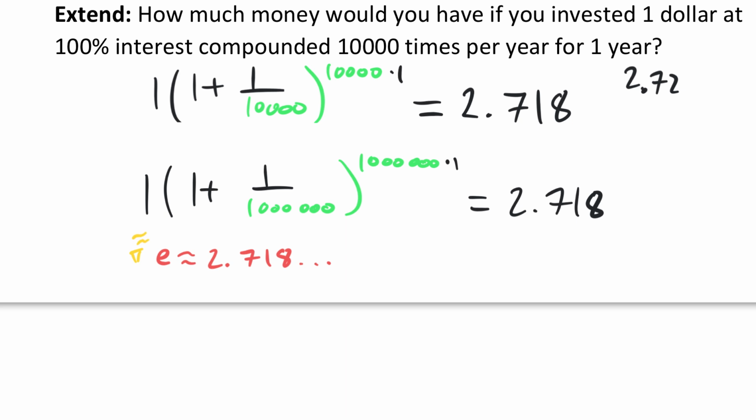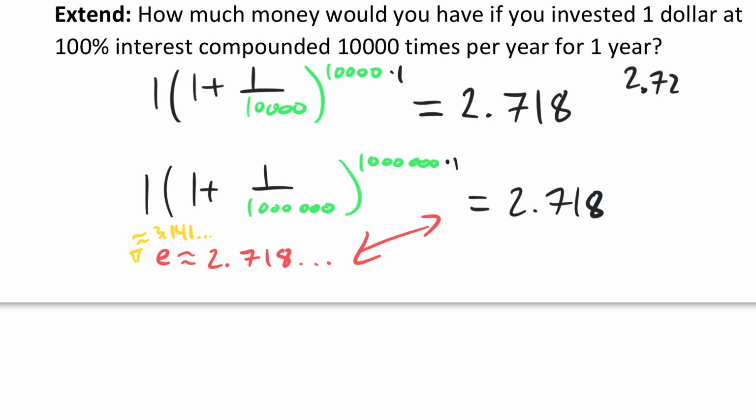Pi, if you remember, is 3.141, and so on. And pi relates to circles and radius, diameter, circumference, right? All that stuff. Well, there's another special math number, the number e. It's equal to approximately 2.718. And if you notice, that's the same number that we got here. So e is this special number that has to deal with compound interest.